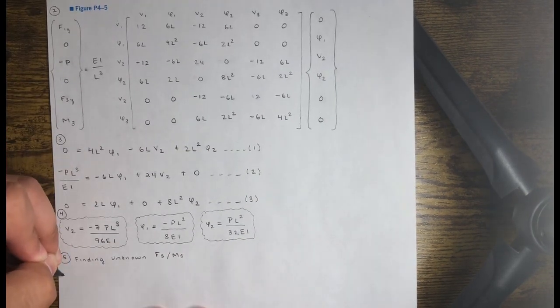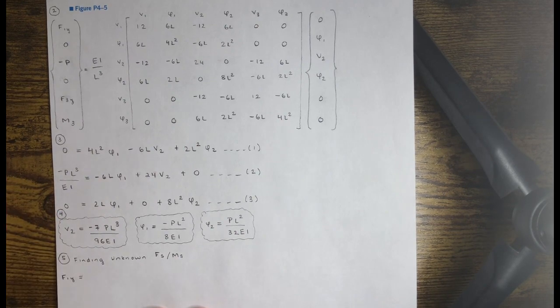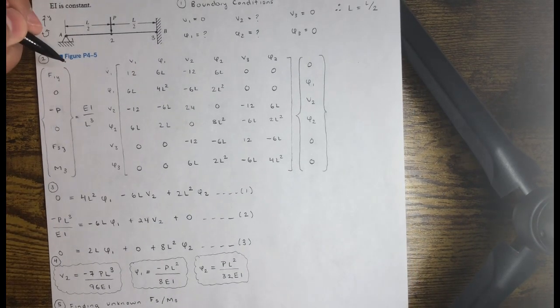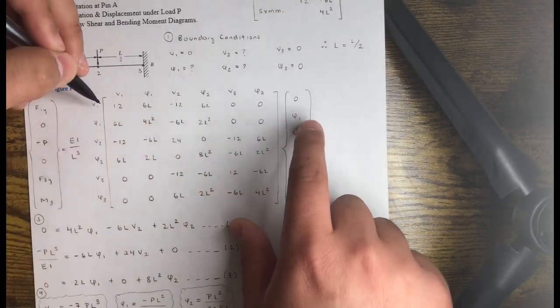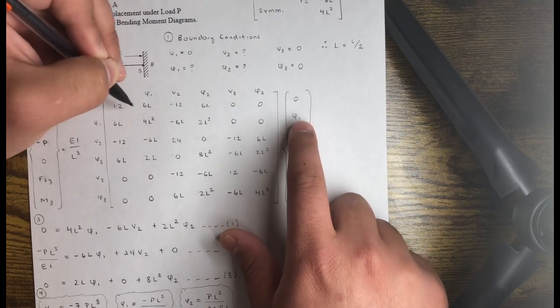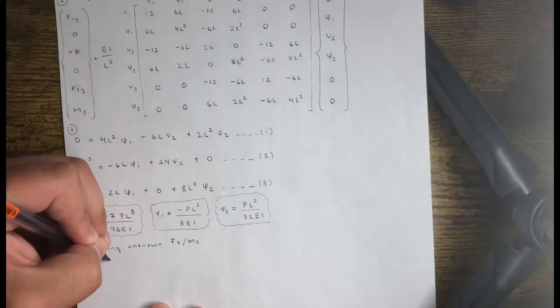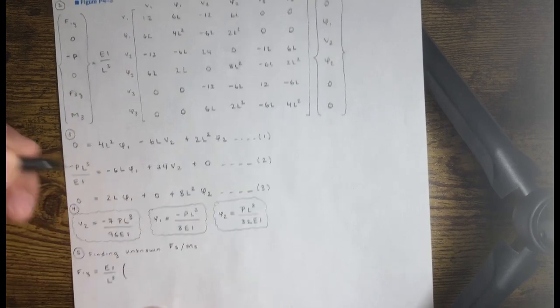So in this case, right, force 1y is equal to, let's go ahead and assemble it. F1y is the first row. It's equal to 6L phi1, right? Because 12 times 0 is that, oh, you know what? Hold on. EI over L cubed. Can't forget about that. That's huge.